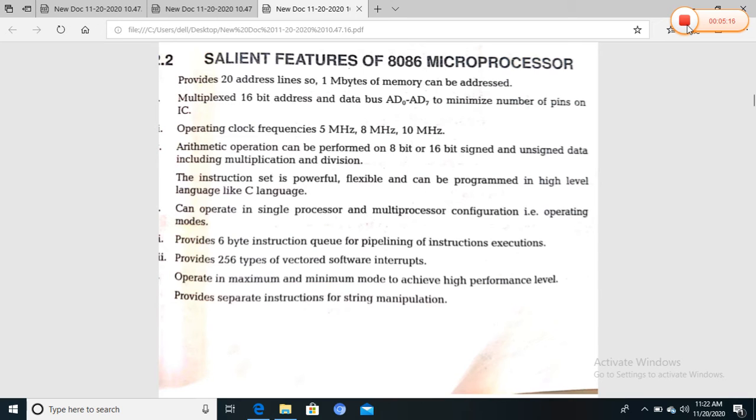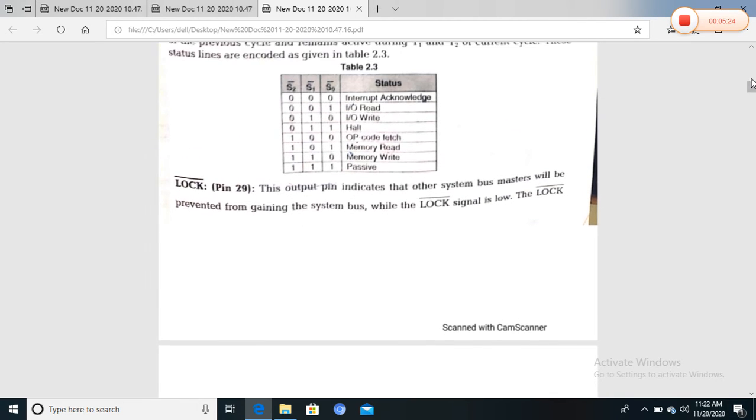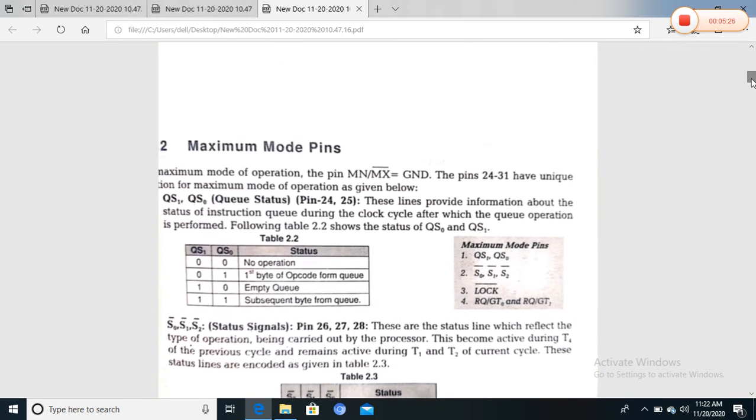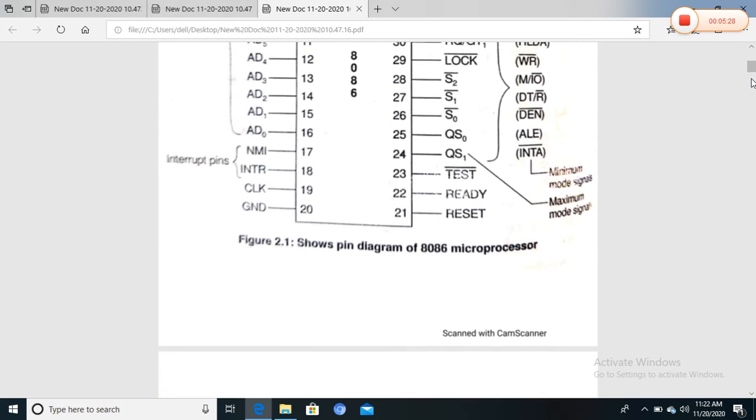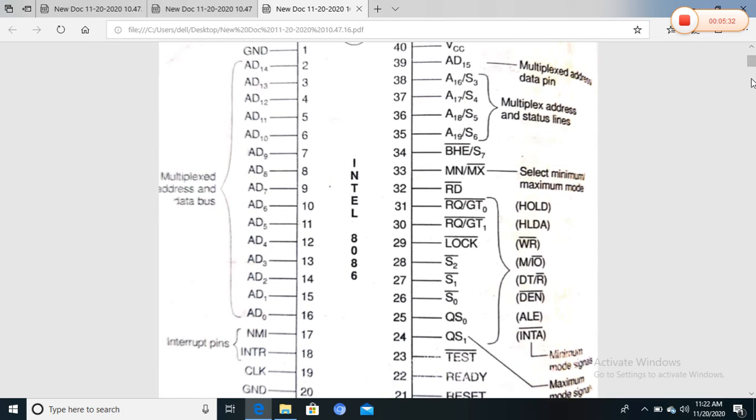The next point is the pin description of 8086. This is the pin diagram of the 8086, which is a 40-pin IC.